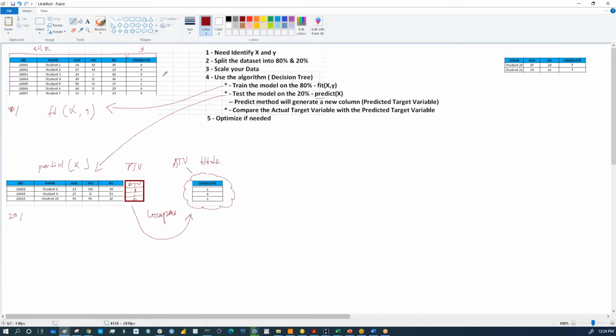So that is the plan of every single model that you'll end up using in the future, especially if you are using supervised learning, where you have a target variable.